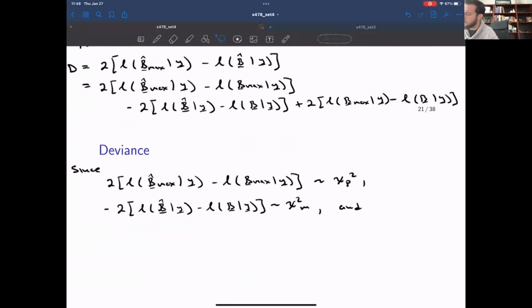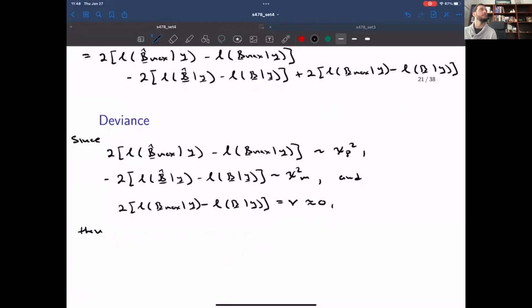And the last term, which we can designate nu, will be approximately equal to 0.